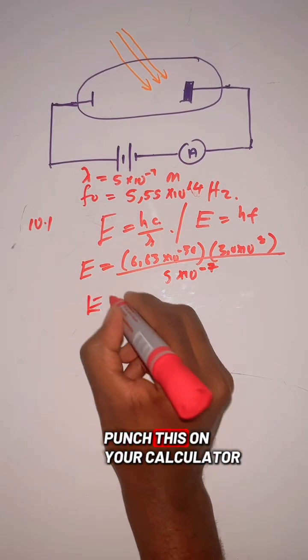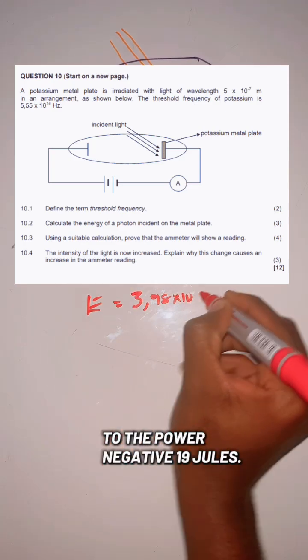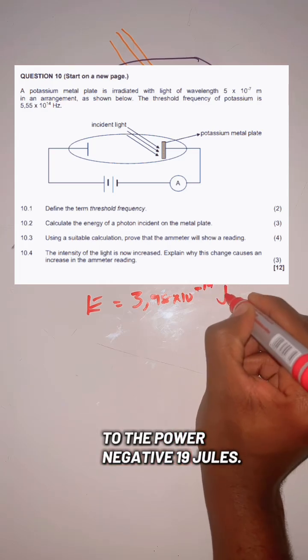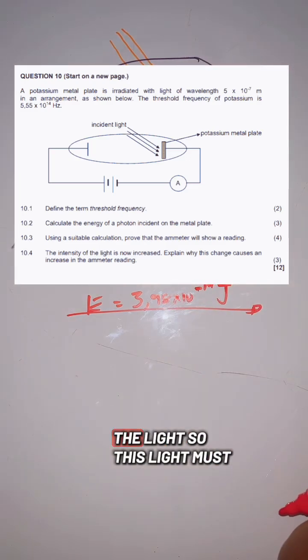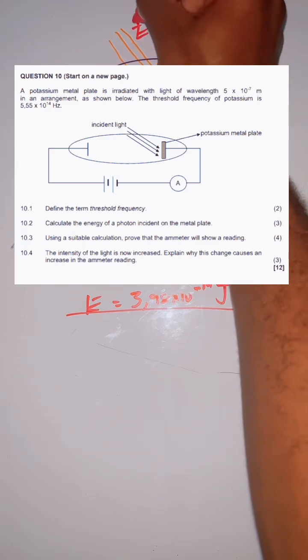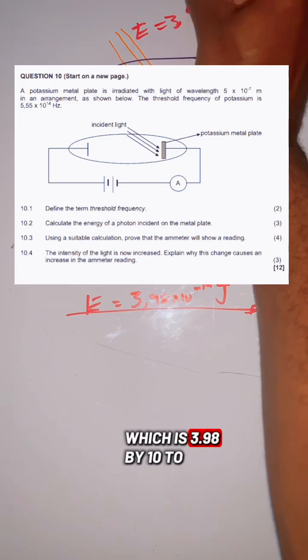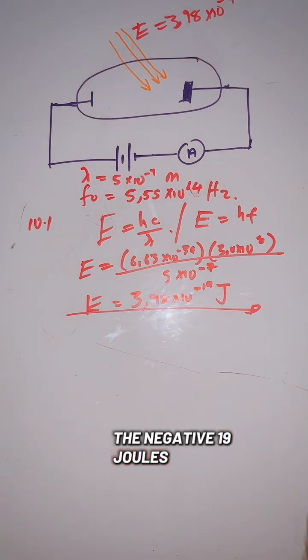And then when you punch this on your calculator, we should get 3.98 times 10 to the power negative 19 joules. So this is the energy of the light. This light must have this energy, which is 3.98 times 10 to the negative 19 joules.